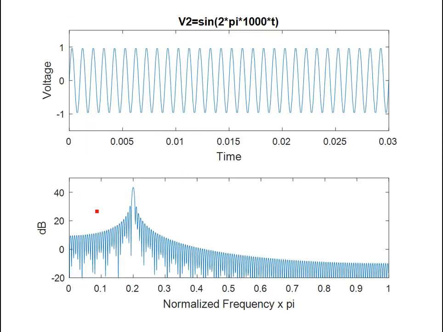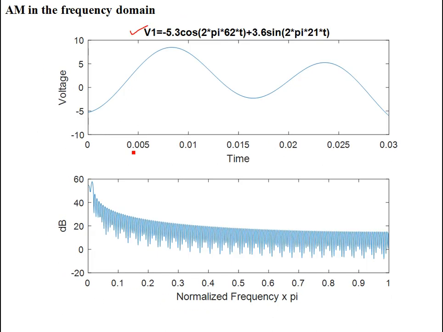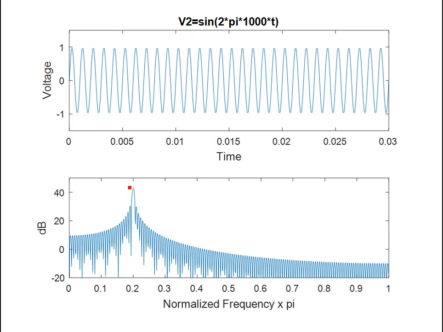Now this is the high frequency carrier at 1000 hertz, which in the normalized scale is around 0.2 normalized frequency. Once these two are mixed, for example V3 is V2 multiplied by V1 plus 10, which is the bias term, those two frequency tones are simply shifted around 0.2, the frequency of the carrier.